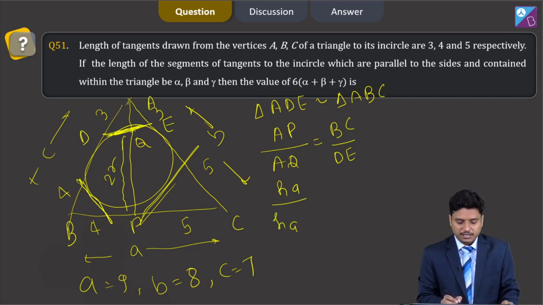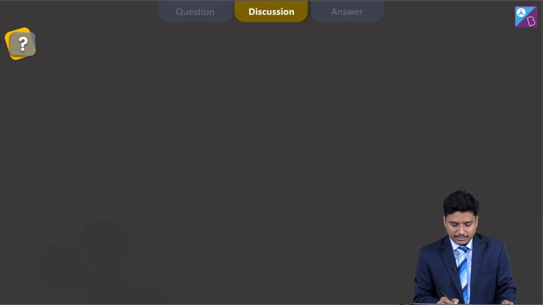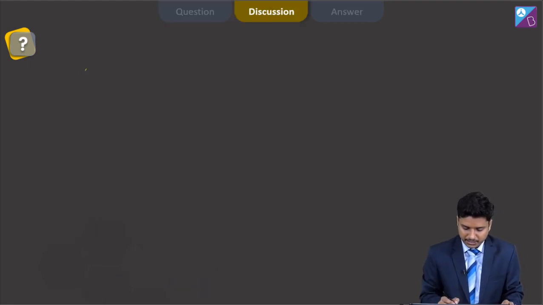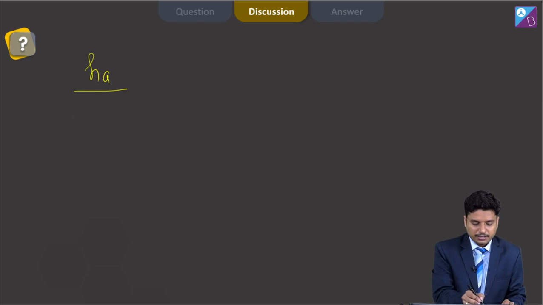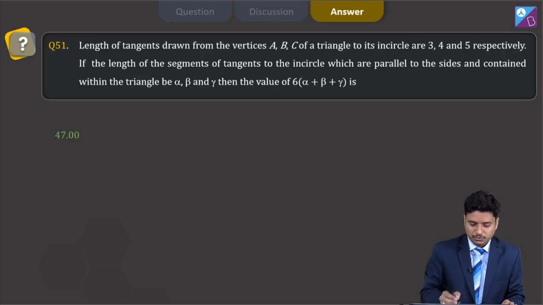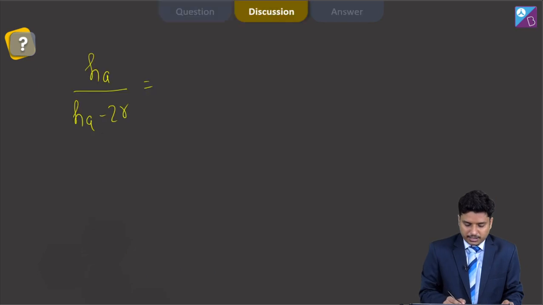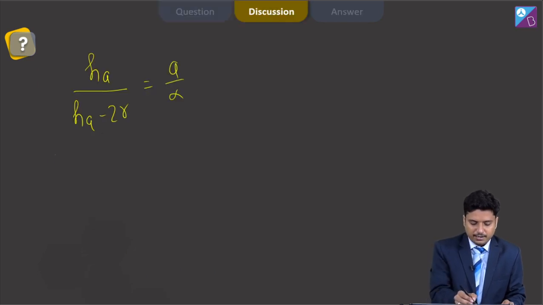AQ is what? AQ is HA minus 2R, is equal to BC upon DE. So BC is your a and DE is your suppose alpha as written. So a upon alpha. So from here what we can see, what was the expression, HA upon HA minus 2R is equal to, what was the right side, it was a by alpha.